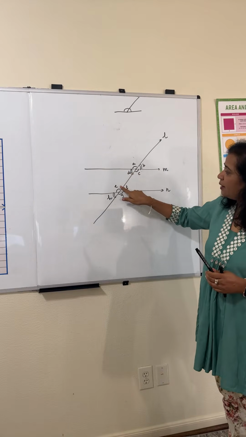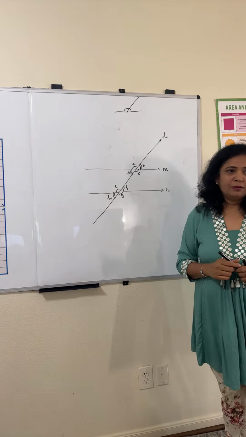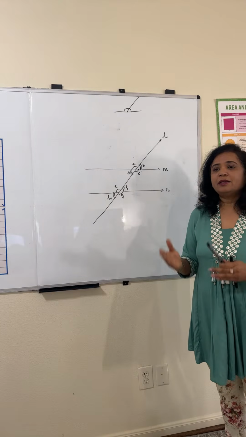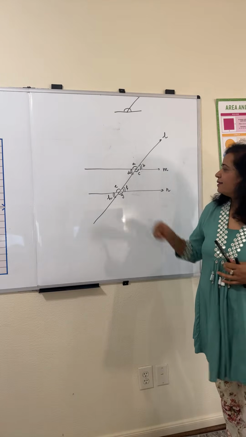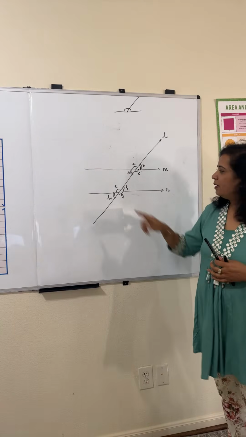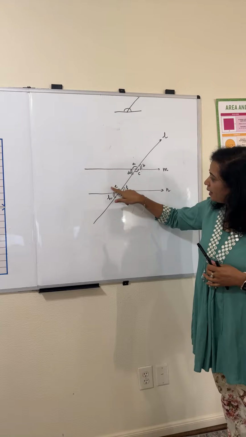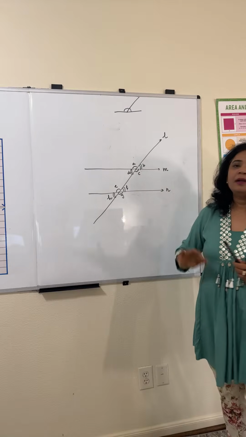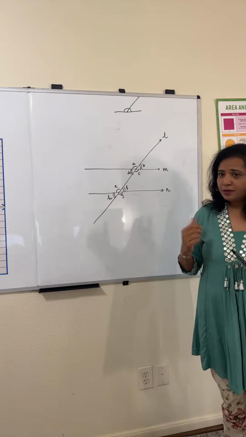Now C and D are on the same side, so same side interior. Angle C plus angle D is equal to what? 180. Correct. And C and F? 180. So D and F are the same, E and C are the same. C and E, this same side interior pair, will make 180, and C and F on the same side will make 180. Okay? Clear?